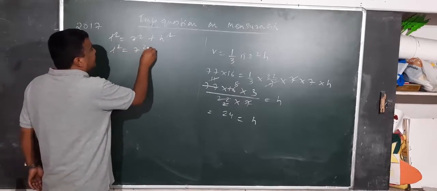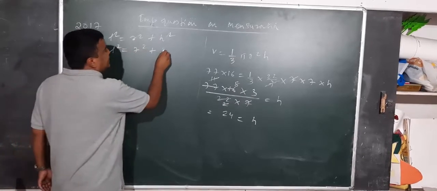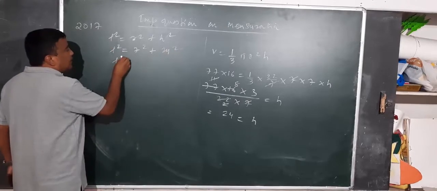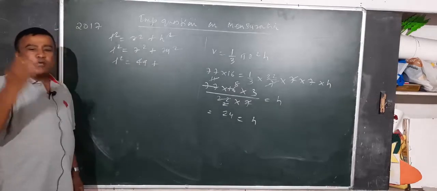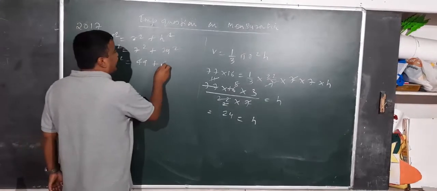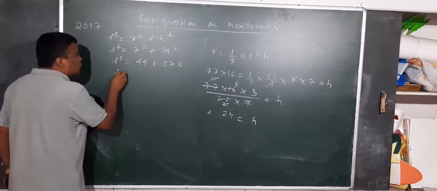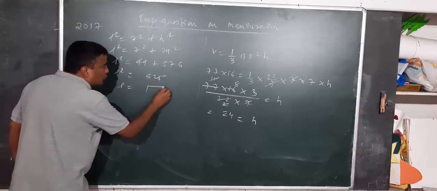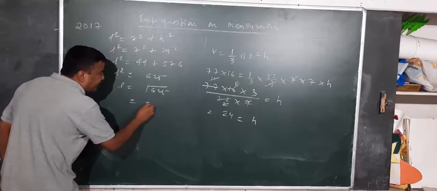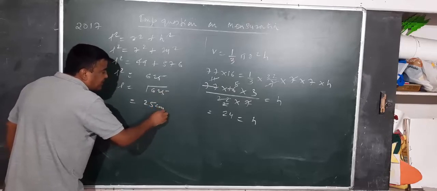R is 7. So 7 square plus height 24 square. L square equals 49 plus 24 square. 24 into 24 is 576. So L square equals 625. L equals under root 625, that is 25 meter.